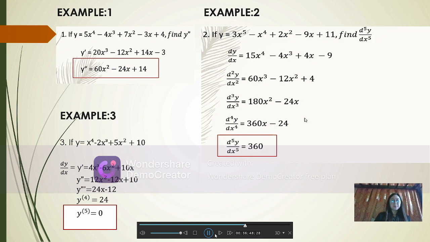So dito, yung y second derivative natin is 60x squared minus 24x plus 14. Bakit siya naging ganun? Kasi, itong 20, times natin siya sa 3 is equal to 60x squared. Dito, parang yung chain rule din, magbabawas din tayo ng exponent. Dito, 3 minus 1 is equal to 2.